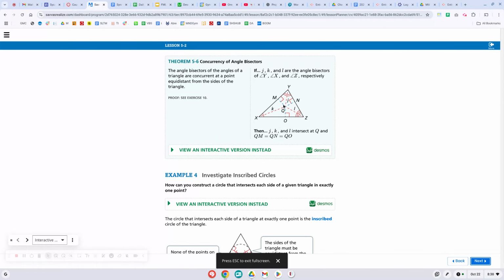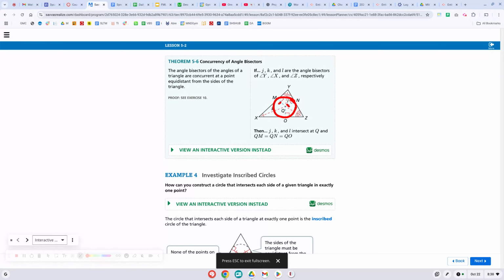The angle bisectors, as we learned before, are equidistant from the sides. So the angle bisectors of the angles of a triangle are concurrent. They meet at a single point, and that point is equidistant from the sides. So what that means is that I could now inscribe a circle.